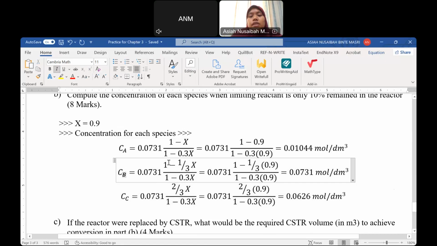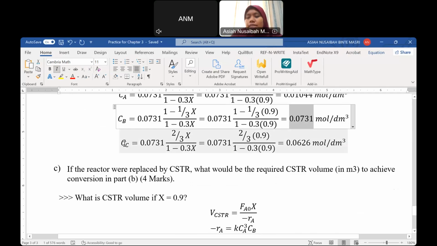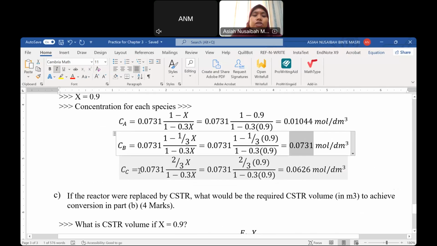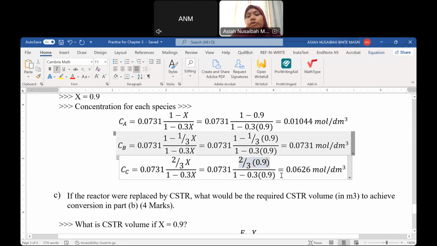If you notice, the numerator and denominator here are actually equal. 1 per 3 is actually equal to 0.3, so you can neglect this because it's equal to 1. That is why in the end you get 0.0731 mole per decimeter cube. And finally, for Cc, put back the equation, equal to 0.0731 times 2 per 3 x over 1 minus 0.3x. Put the x value, you got Cc is equal to 0.0626 mole per decimeter cube.